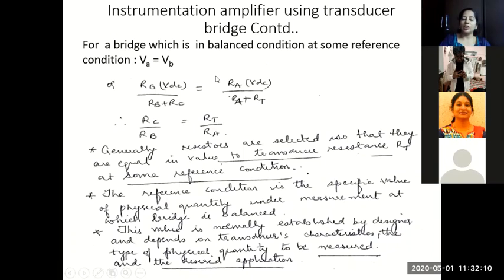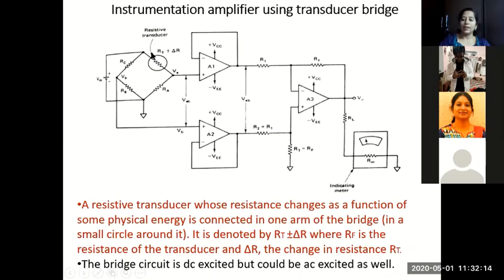It tells us at a certain temperature, say I'll take room temperature as the reference, and usually we consider room temperature as 25 or 27 degrees centigrade. So at a reference temperature, whatever is the resistance of the thermistor, we choose the same resistances for these three also. So what happens? This bridge will be in balanced condition, or the output of the bridge will be zero.